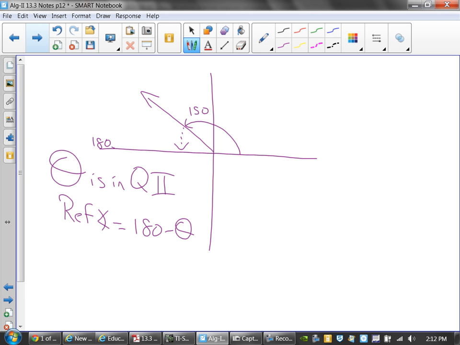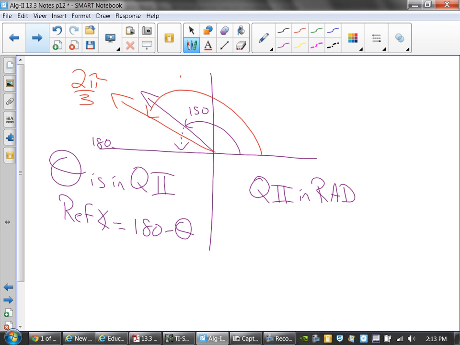If I say that theta is 100, what's your reference angle? 80. If I'm in radians in the second quadrant, let's say 2 pi over 3, instead of it being at 180 degrees on the axis, what does that become?